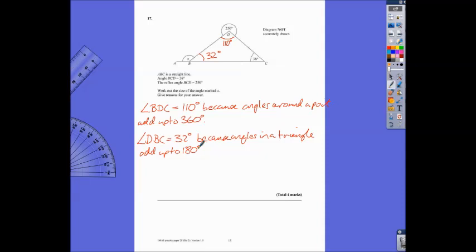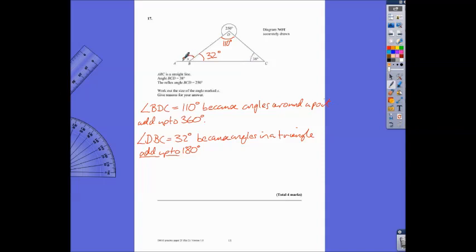Now a lot of people miss that mark because instead of saying add up to, they say equals. That would mean that every single angle in there would be 180. That's what equals means, and that's not true. It means that they actually add up to 180. So you've got to write it out properly in full.